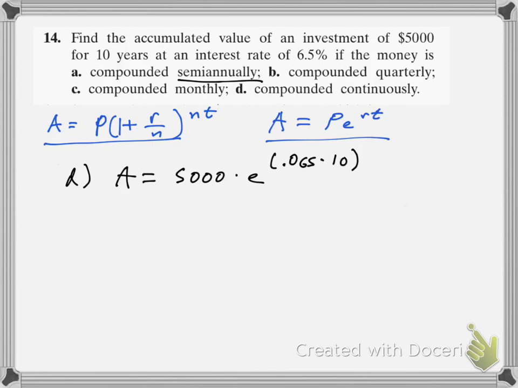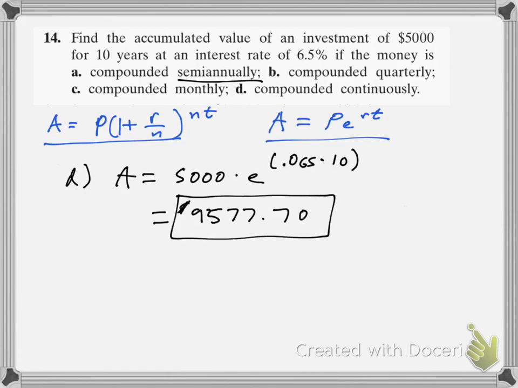Okay, so I do 5,000 times, hit the second E to the X button, the one I showed you a minute ago. I do 0.065 times 10, and I get 95.77.